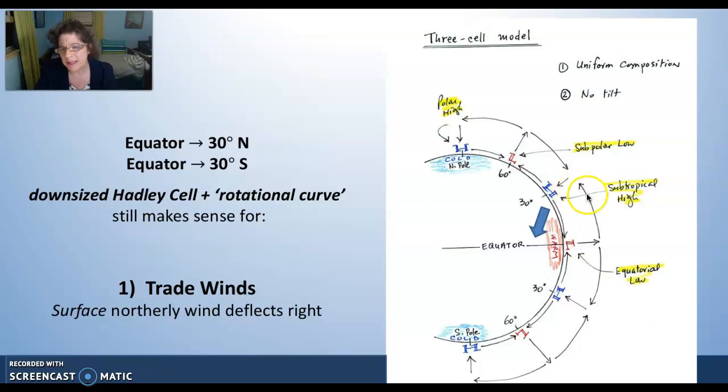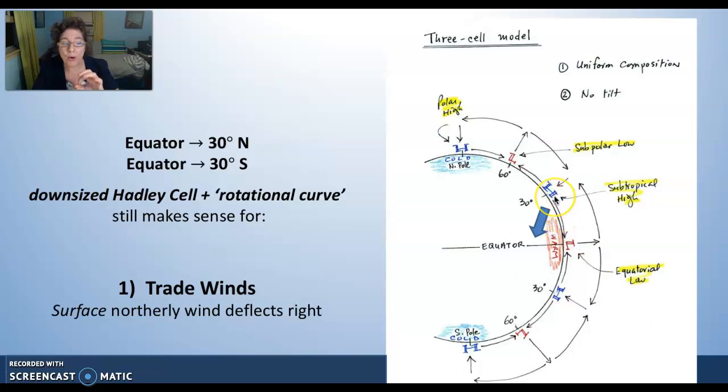Remember, rising slow, clouds and snow, then surface low, because everything moves out to the lower pressure area. At the 30s, you notice a sinking sky, warm and dry, surface high. There's a subtropical high at the 30s in this model. And then it comes down in the surface, very much like the trade winds that we noticed from the Hadley cell that were from about 25 degrees to 15 degrees.